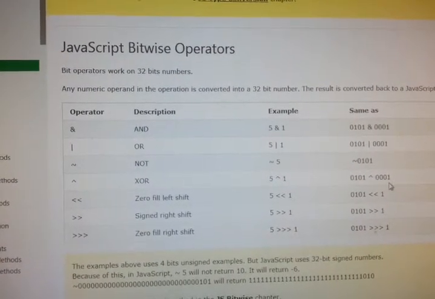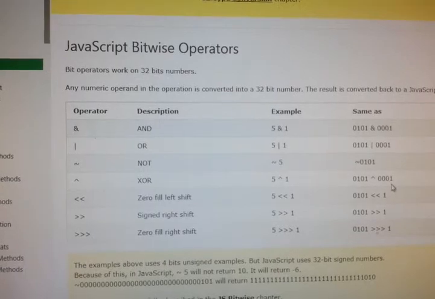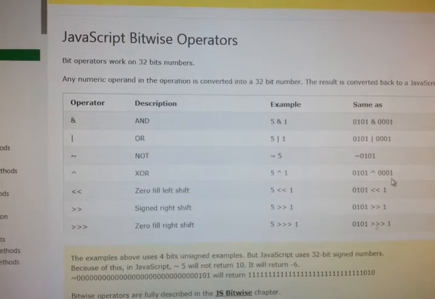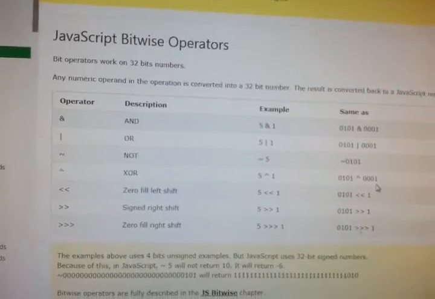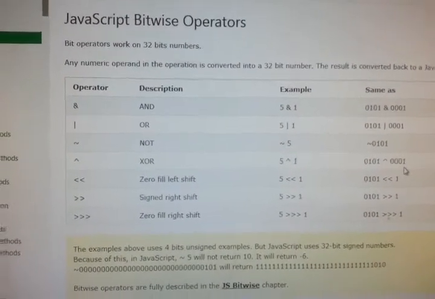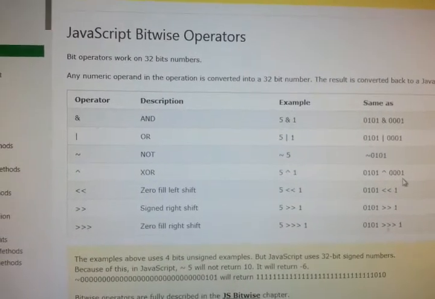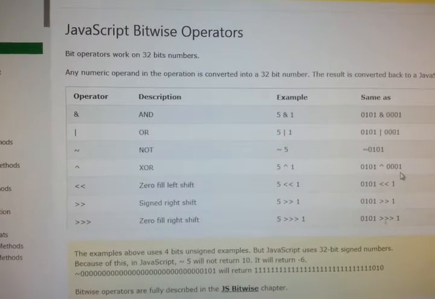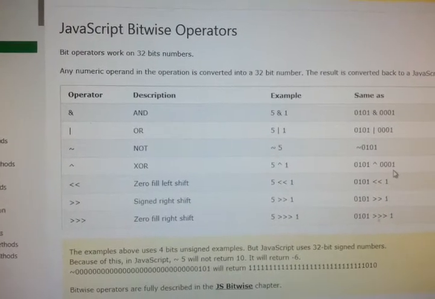Bitwise operators work on 32-bit numbers. Operator we use is and. Example is 5 and 1, means here 5 will be converted to a binary value.